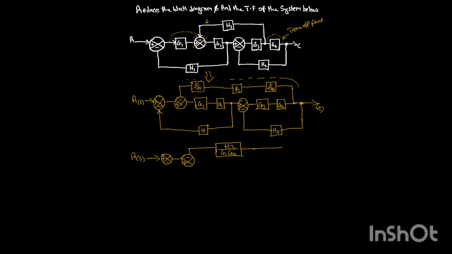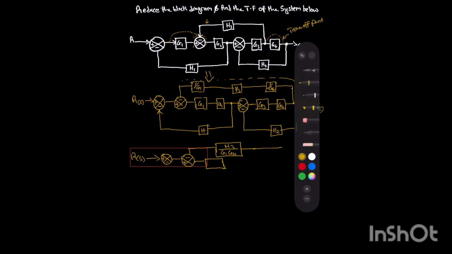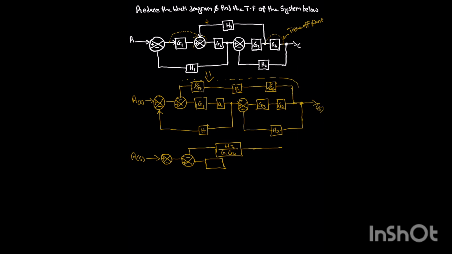You can see that G1 and G2 are in series, so we are also going to multiply them. We are modifying every block that is in series.